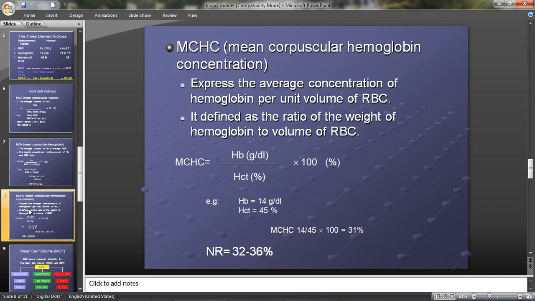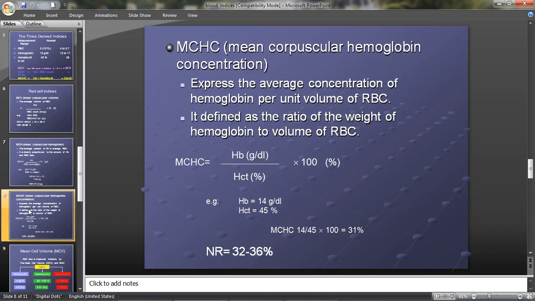Now if we assume that hemoglobin is 14 grams per deciliter, hematocrit is 45%, MCHC is 14 divided by 45 multiplied by 100, and it is expressed as percent. So it comes to 31%. The normal range is 32 to 36%.